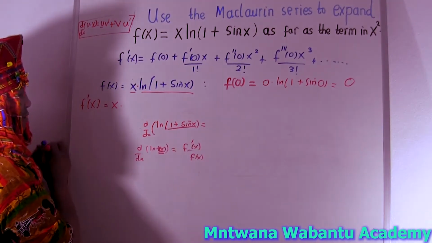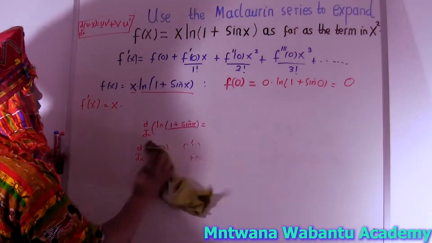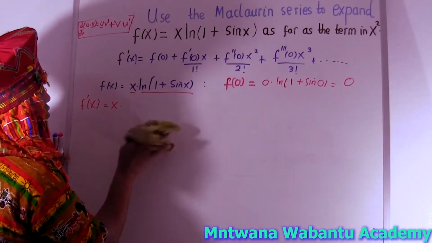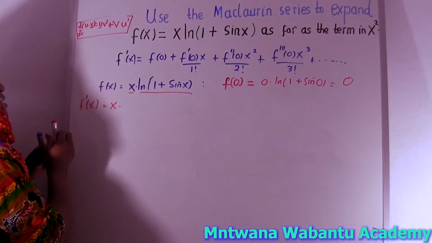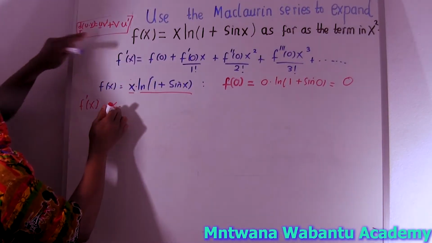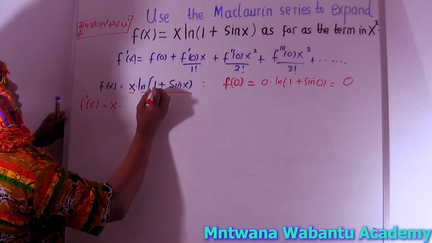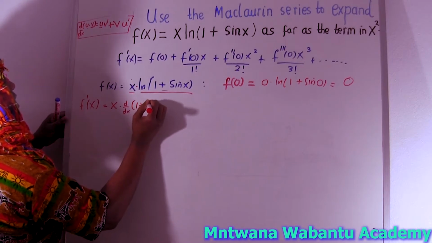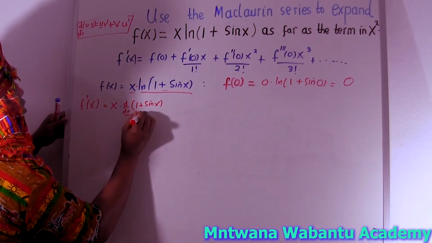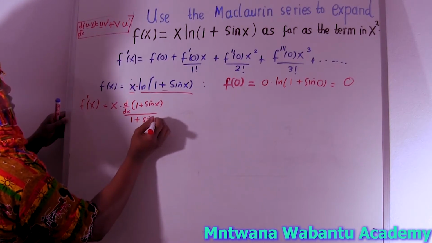So for this case, I'm going to say this is constant like a u, and then let's differentiate this. I'll say d/dx of 1 plus sine x, and all this over our function, which is 1 plus sine of x.